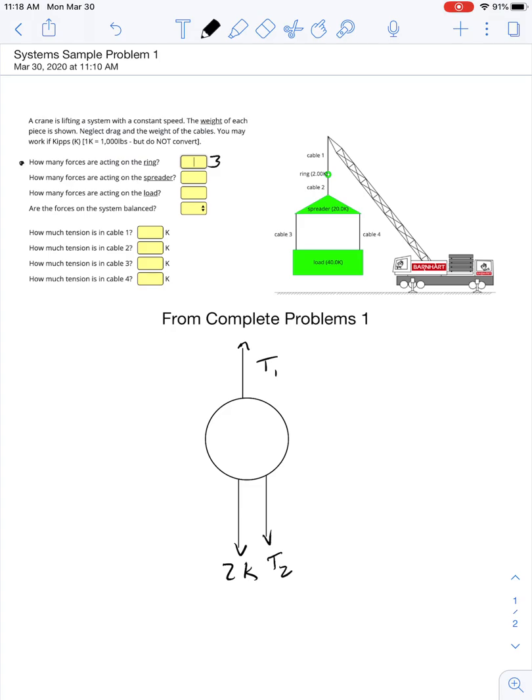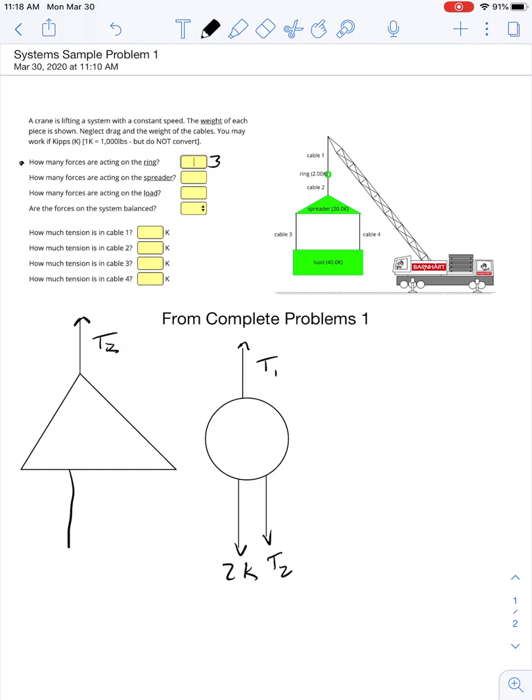Now, let's look at an FBD of the spreader. So I've got my spreader here. It obviously has cable 2 acting up on it. Let's call that T2.